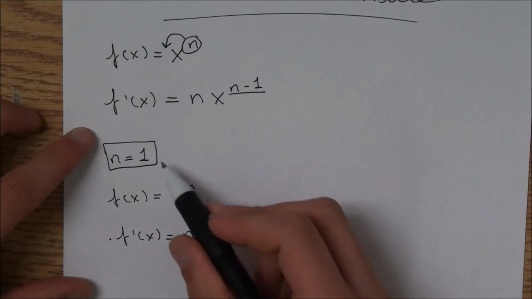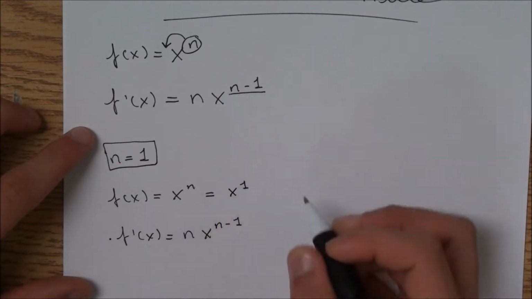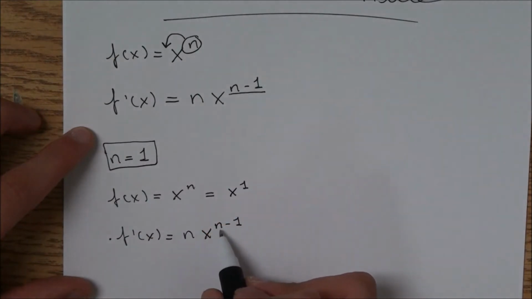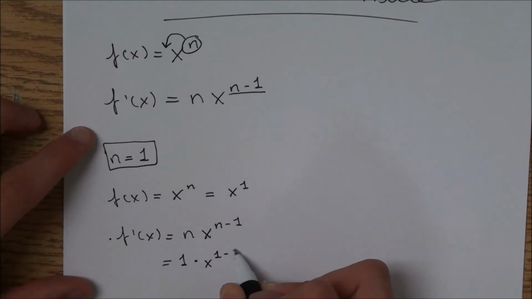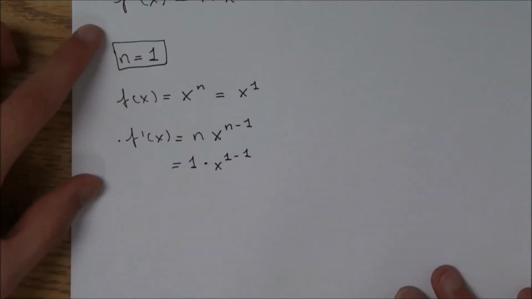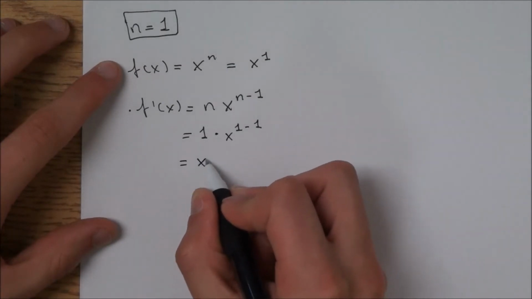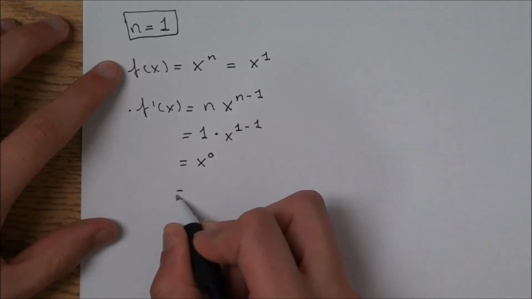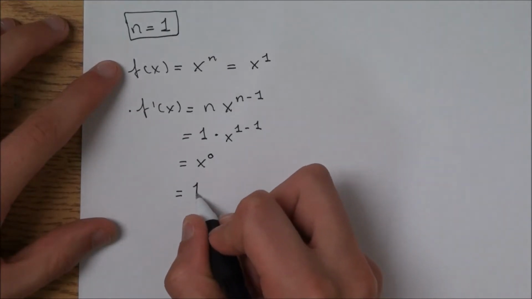If we plug in 1 as n, it becomes 1 times x to the 1 minus 1. It then becomes x to the 0, and anything to the power of 0 is 1. So x to the 0 becomes 1.